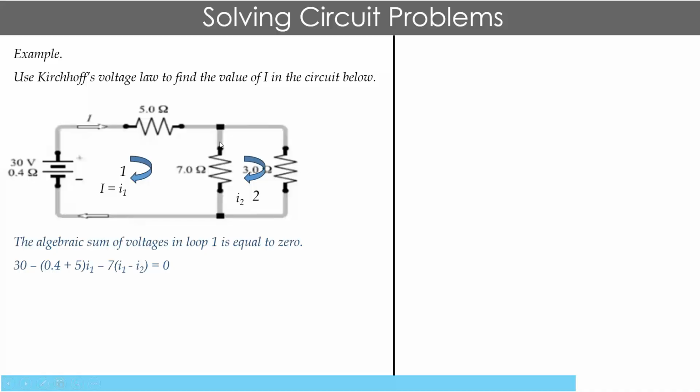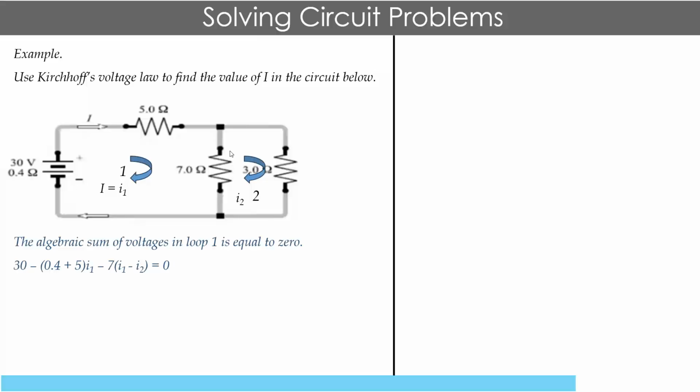So the current across the 7 ohm resistor is actually the summation of current across them. That's the summation of I1 and I2. I1 is coming down, I2 is going up. So I'm using that current coming down is positive and current going up is negative.